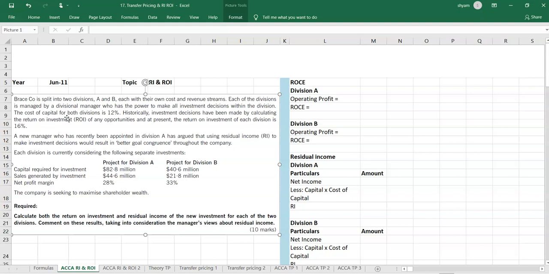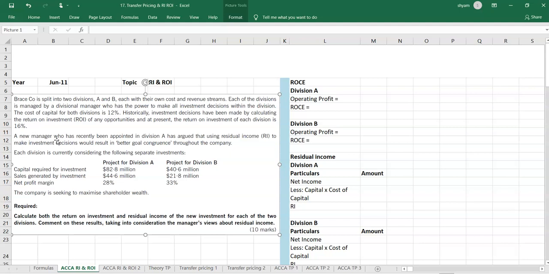The cost of capital for both the divisions is 12%. Historically, investment decisions have been made by calculating the return on investment, ROI, of any opportunity, and at present the ROI of investments of each division is 16%. So the cost of capital is 12% and the current ROI for all the investments has been around 16%.